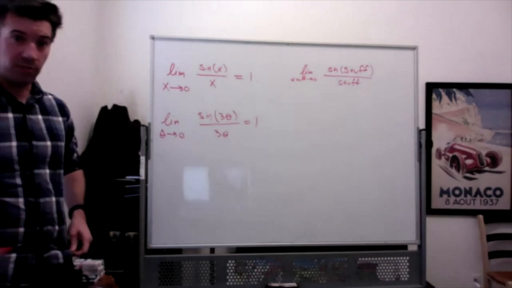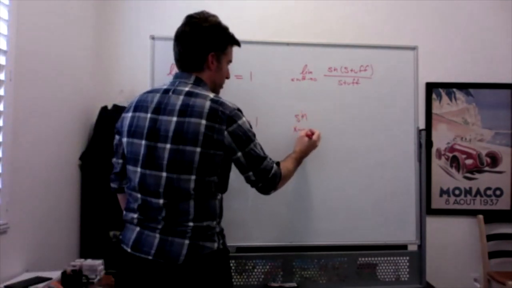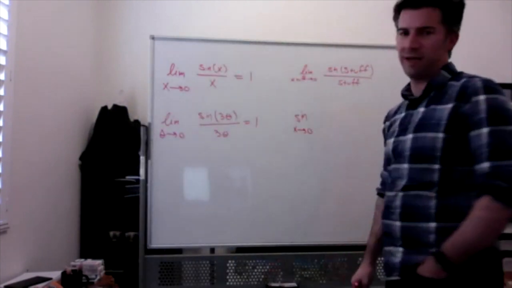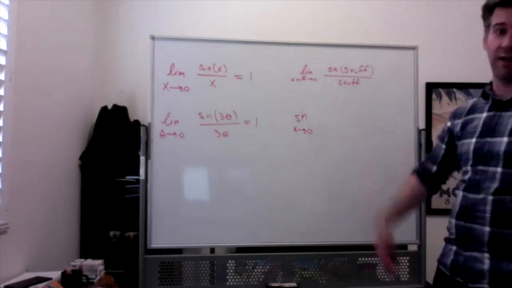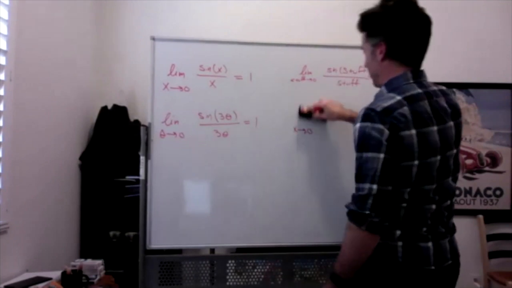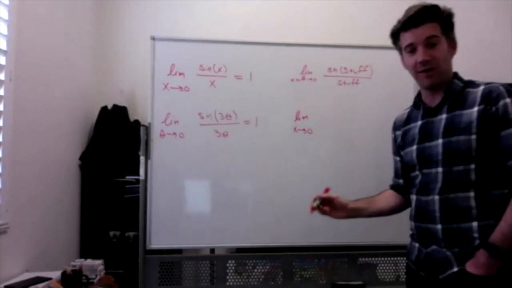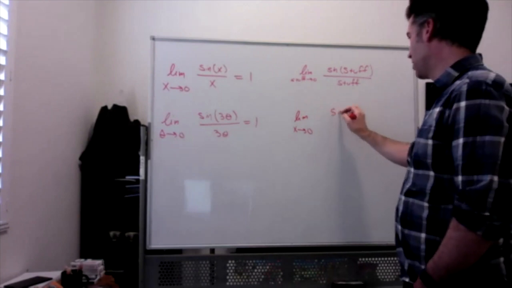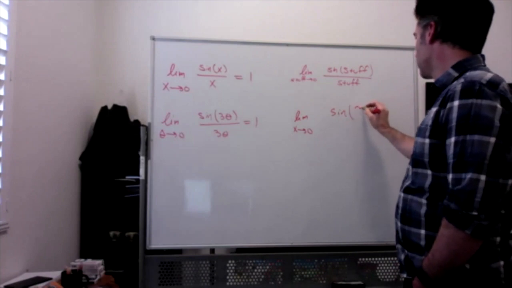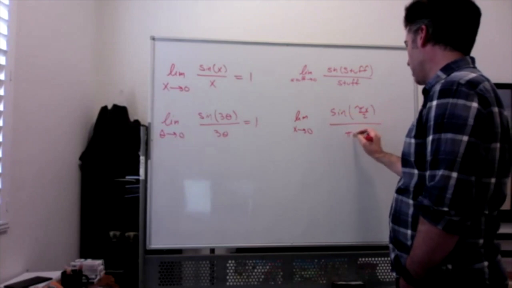As a counter example, what if I had the limit as x approaches 0 of, sorry, that is an idiotic thing to write. Okay, how about the limit as x approaches 0 of sine of pi x over 2 over pi x over 2?